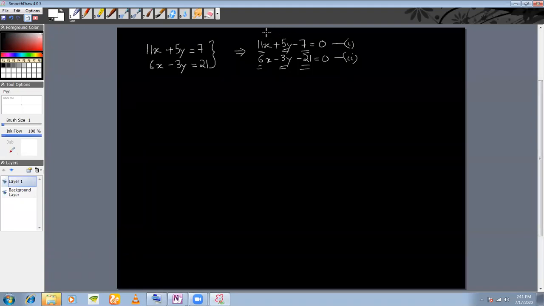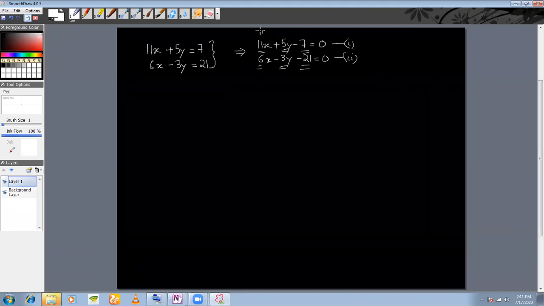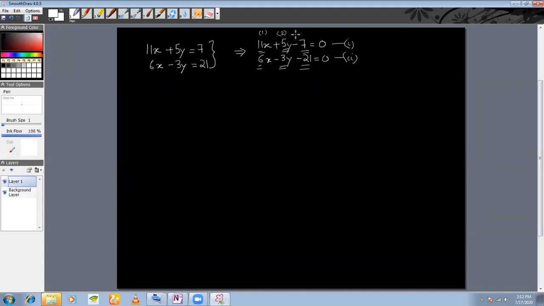In the note, you might have seen that I have called this 1, I have called this 2, and I have called this 3.